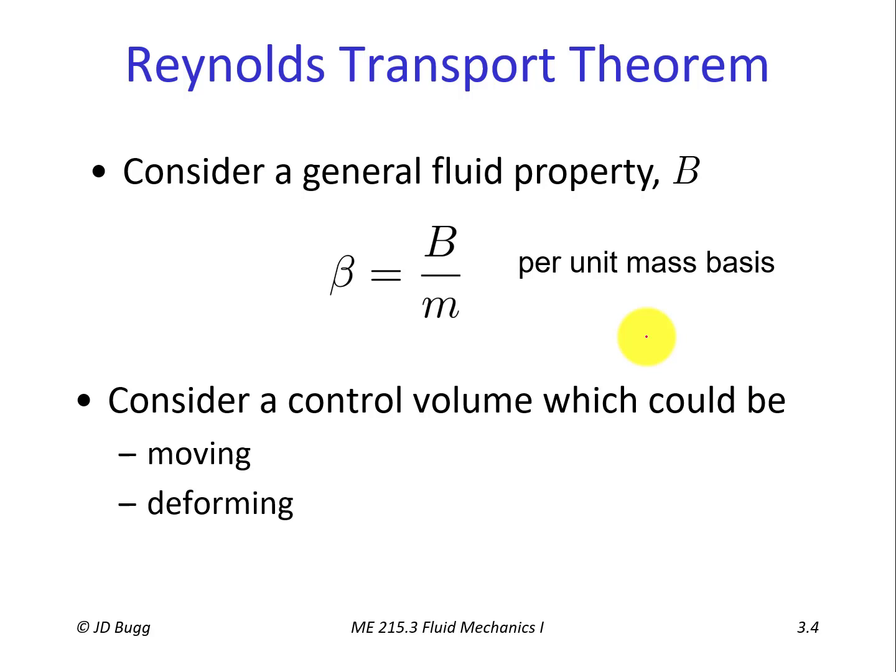Now, realize in the approach we're going to take here, it's even acceptable for our control volume to be accelerating. And we'll look at accelerating control volumes again later on when we're looking at some examples. So the control volume can be doing a lot of things. It can be changing shape, it can be heading off in some direction, it can even be accelerating. But it's up to us to decide what our control volume is going to do and to do our analysis consistent with that choice.